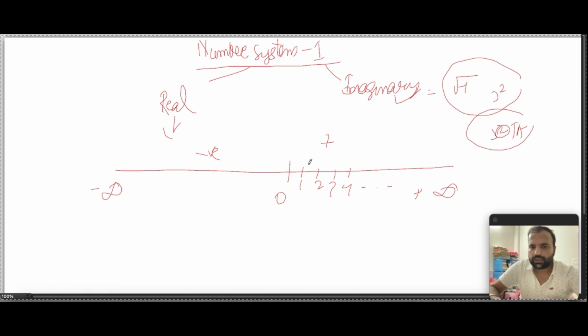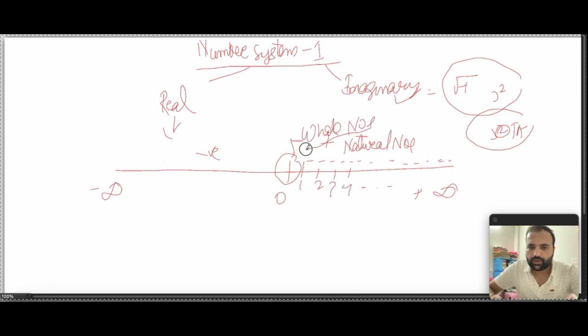Once you start walking from number 1 and go all the way to the right, all the numbers that you see from number 1 to positive infinity are natural numbers. Now, if you consider 0 as well in this series, then it is a group of whole numbers.